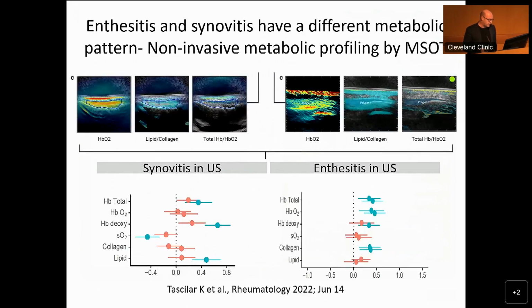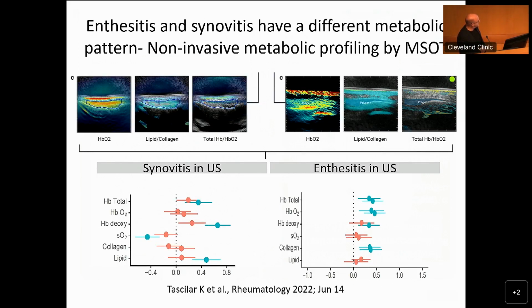Now, enthesitis and synovitis are fundamentally different in their metabolism. This is a study we did recently, using the so-called MSOT. That's a technology where you can look at tissue metabolism. And what you see here in synovitis patients is a stronger oxygen consumption.